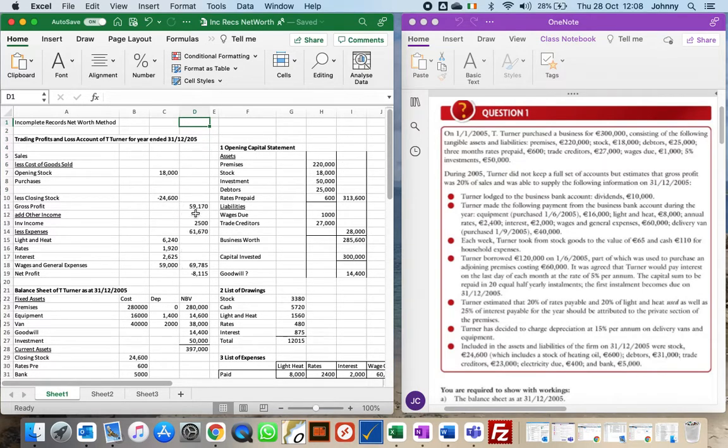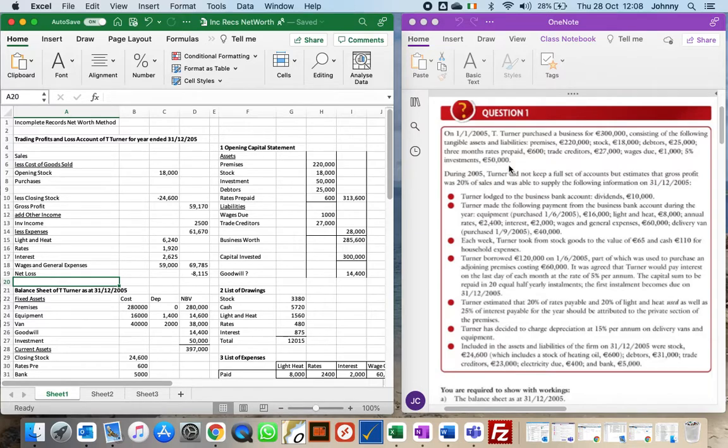So I've now worked out my gross profit. So there's my net loss. In this case, I'm just going to change that. So I've worked backwards to find out what my gross profit figure is. So my expenses, I've added them in and taken away my incomes to work out my gross profit.